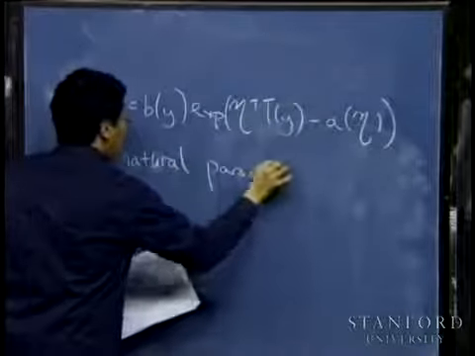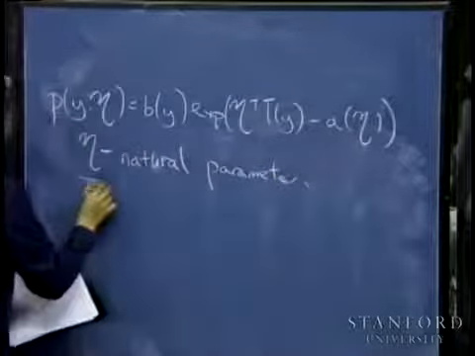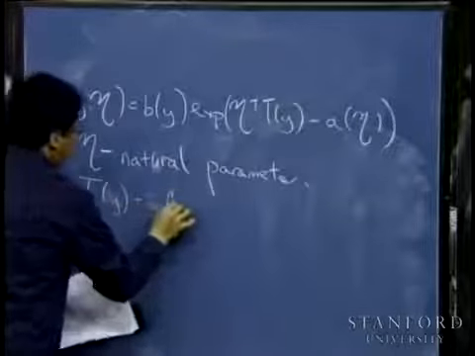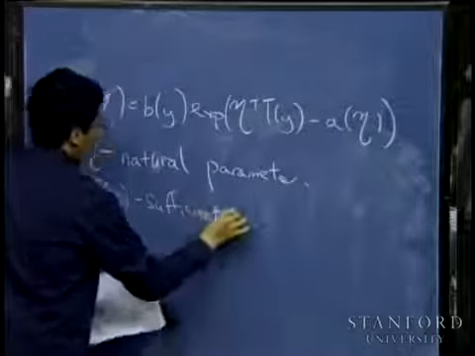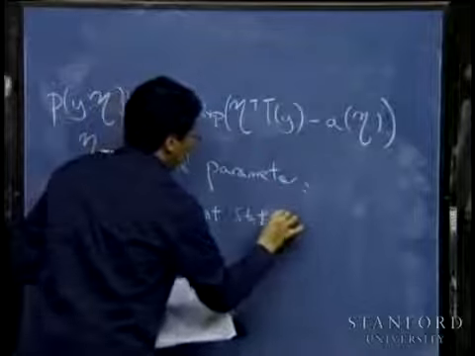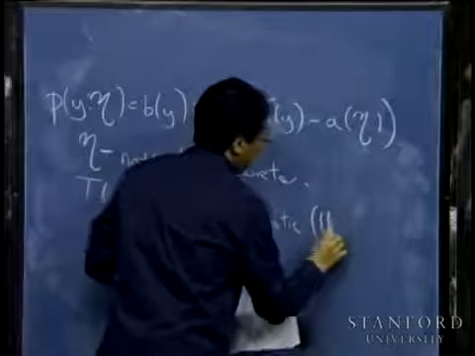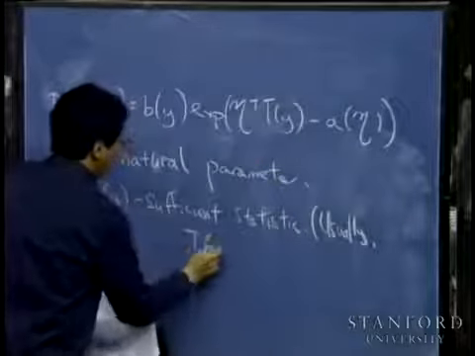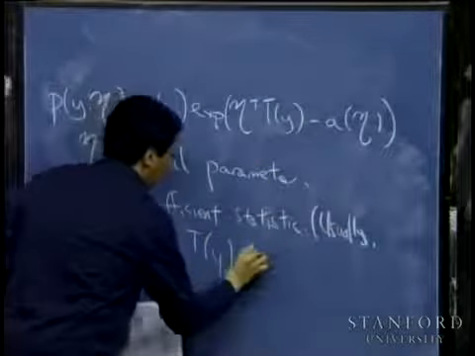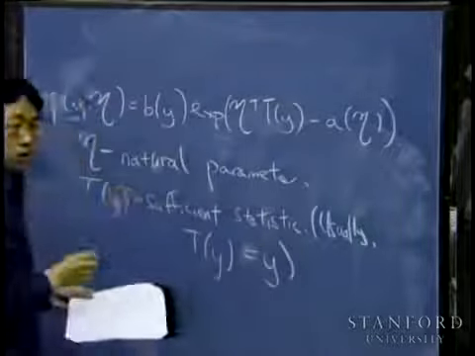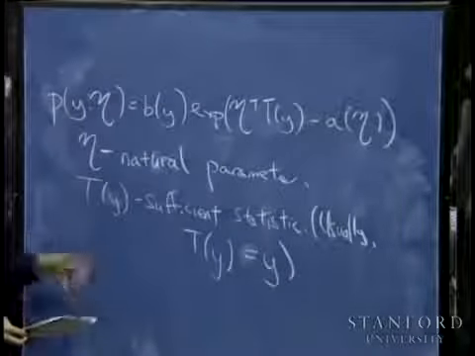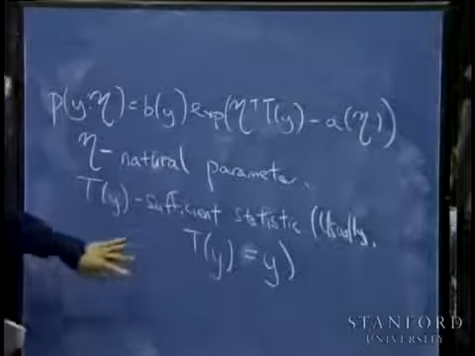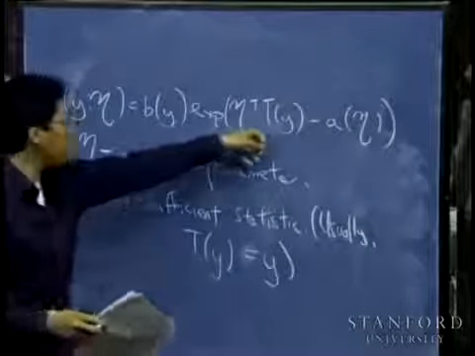So eta is called the natural parameter of the distribution, and t of y is called the sufficient statistic. Usually, for many of the examples we'll see, including the Bernoulli and the Gaussian, t of y is just equal to y. So for most of this lecture, you can mentally replace t of y with y. This won't be true for the very final example we do today, but mentally you can think of t of y as equal to y.